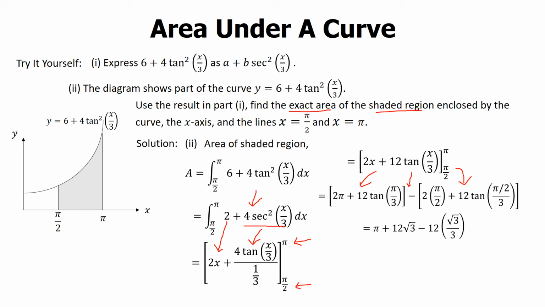So tan pi over 3 is root 3. Tan pi over 6 equals root 3 over 3. So we simplify, we get pi plus 12 root 3 minus 4 root 3, or it is pi plus 8 root 3 units squared.